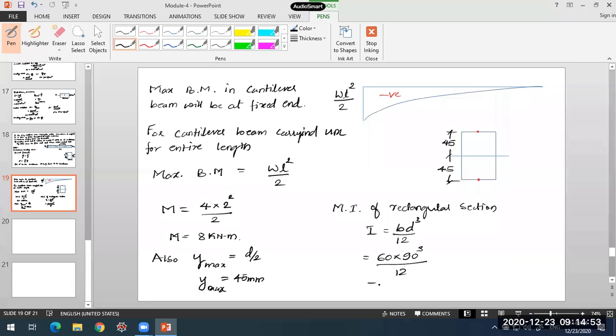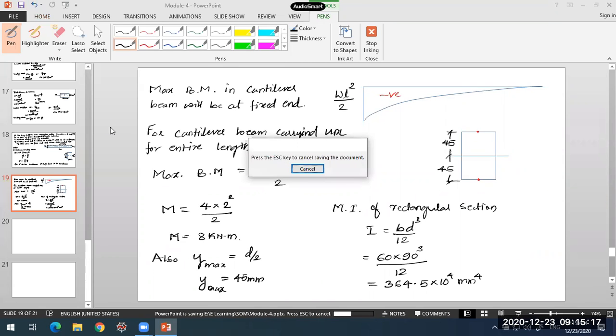What this I value comes out to be is 364.5 into 10 raised to 4 mm raised to 4. So these are my values which I can use for determining the maximum stress.